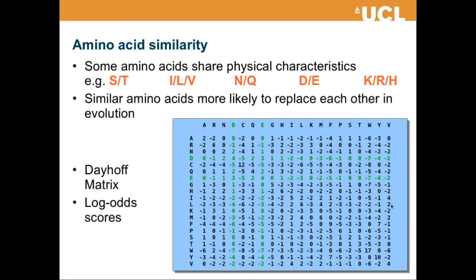Now if we take something like tryptophan and serine, which obviously are very different, tryptophan, as I mentioned before, has this double ring system, whereas serine just has a hydroxyl group, you'll find there that you have a score of -2. So given a scoring matrix like this, we can calculate what the maximum score you could get for one sequence scored against itself or the other sequence scored against itself.